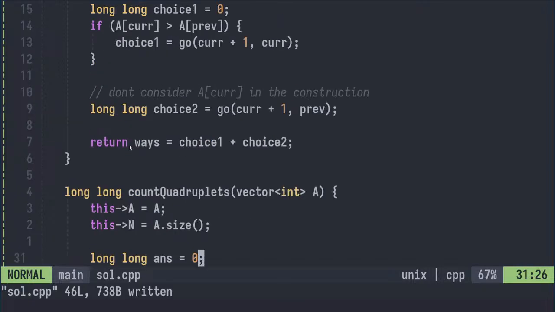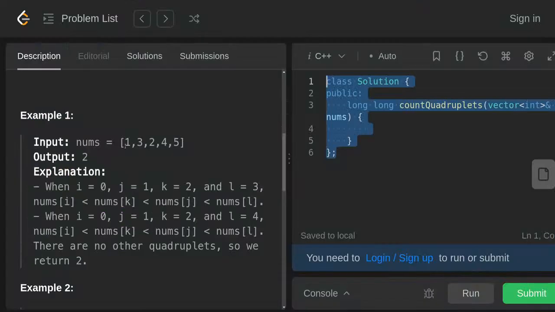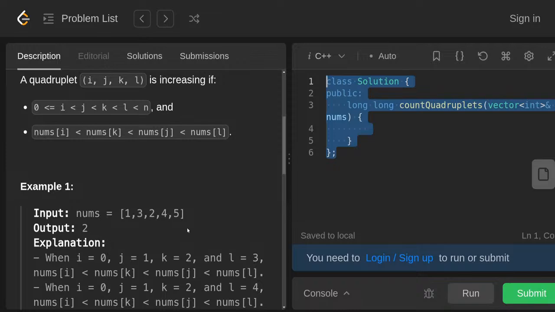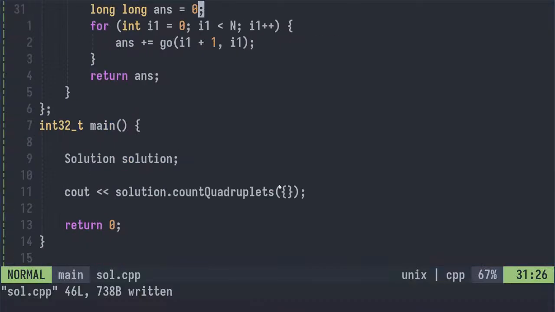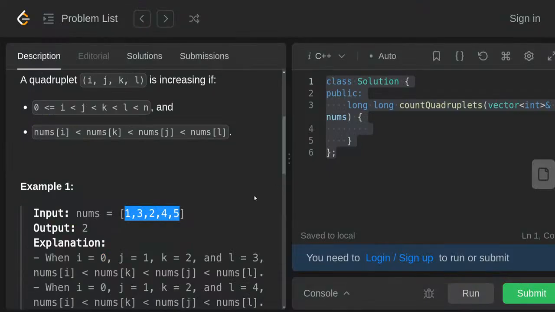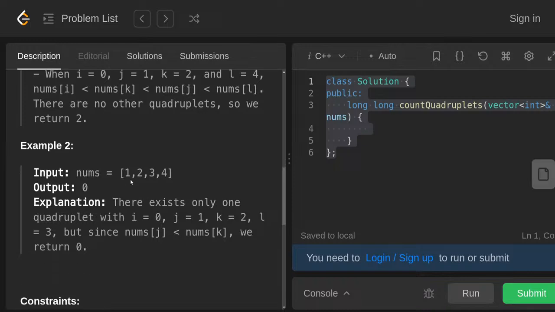Are we not given that value? Okay, yeah, we are only given the array 1, 3, 2, 4, 5. And 1 2 3.